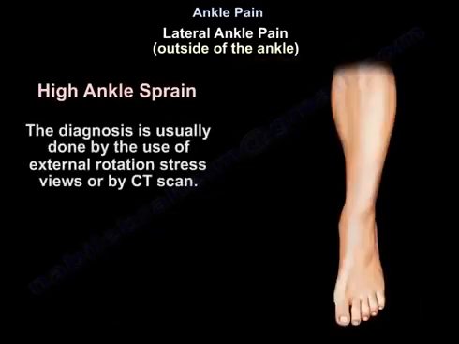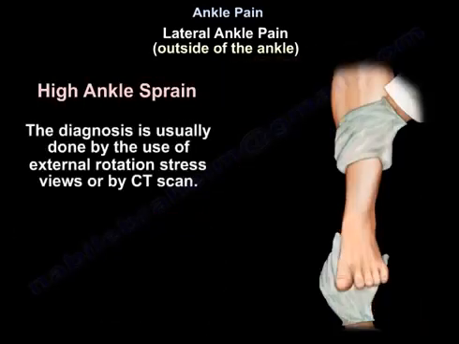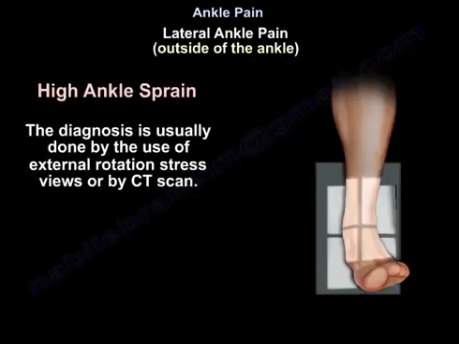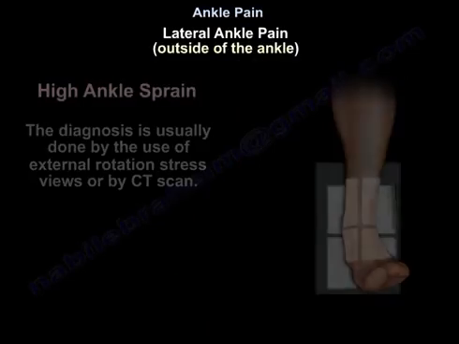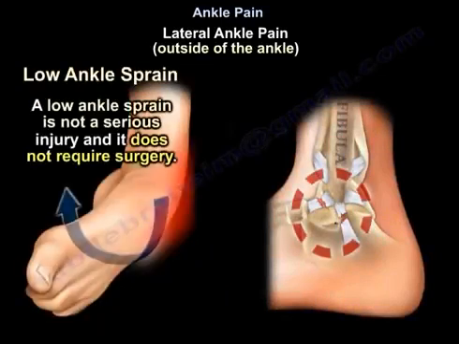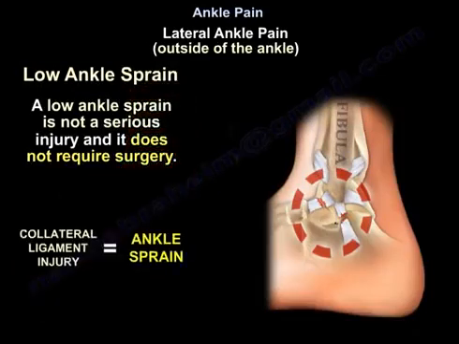The diagnosis is usually done by the use of external rotation stress view or by CT scan. A low ankle sprain is not a serious injury and it does not require surgery. Low ankle sprain is a collateral ligament injury called ankle sprain.